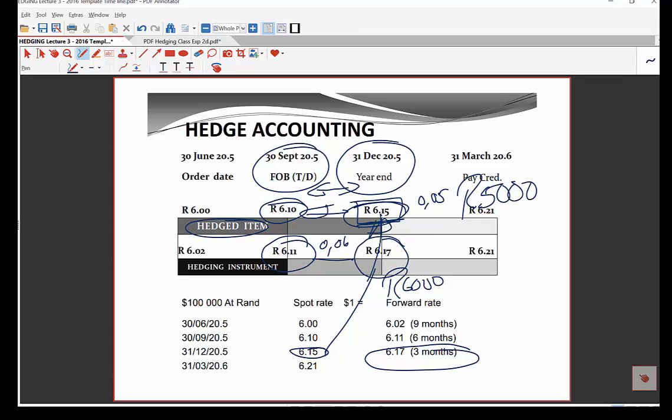Because on transaction date we would have paid 6.10 for the creditor, but now at year end we are going to pay 6.15. So our liability is now more, and therefore we are making a loss on this creditor. So let's do those entries for you.